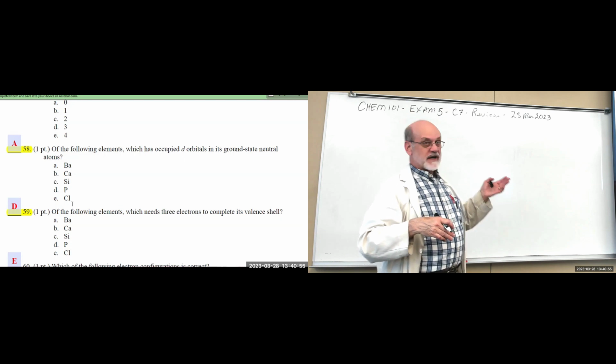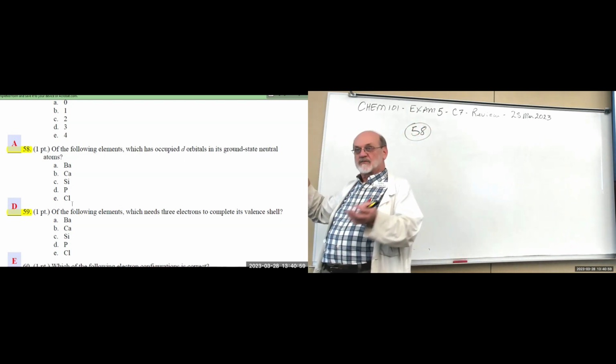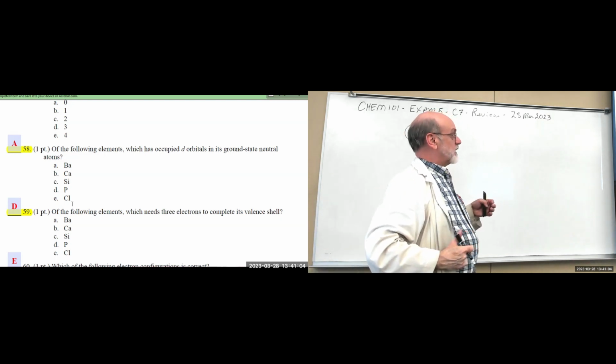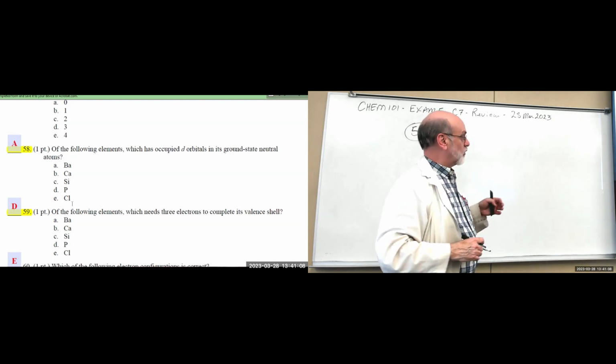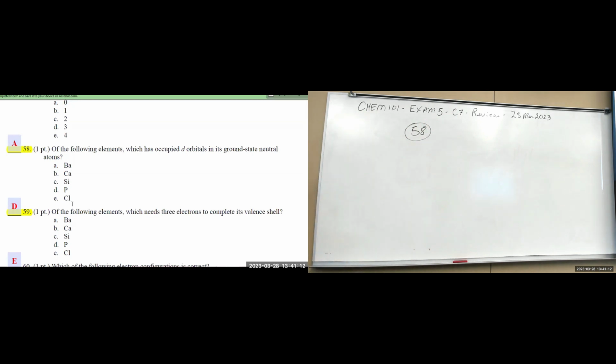But some of these elements have already gone through the d orbitals once and got them filled, and they're moving on. So based on the question, there may be more than one that has d orbitals filled. What we have to do is look at them one by one. Let's see, barium. Barium's way down here. So it's already gone through this one and this one.